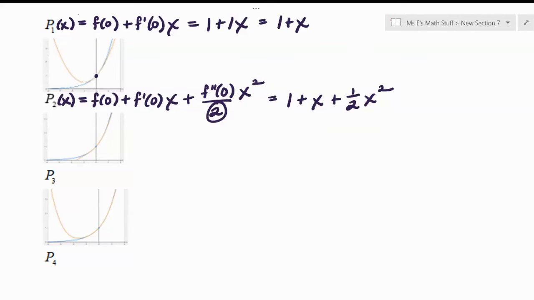My friends, this is about to get easy, but I am kind of going to drag you through the mud just a little bit, just for these last two, and then we'll talk about how easy this will be. The third degree Maclaurin polynomial here would need to have everything that p sub 2 had.